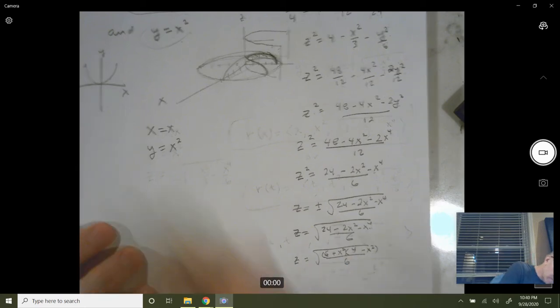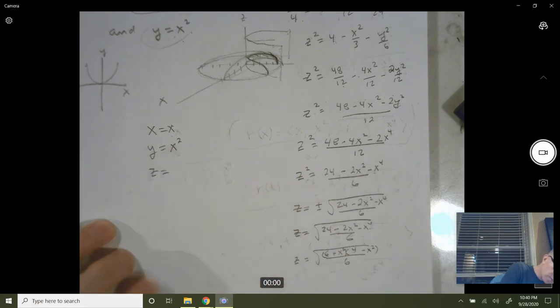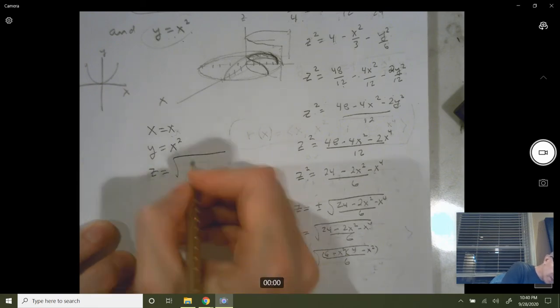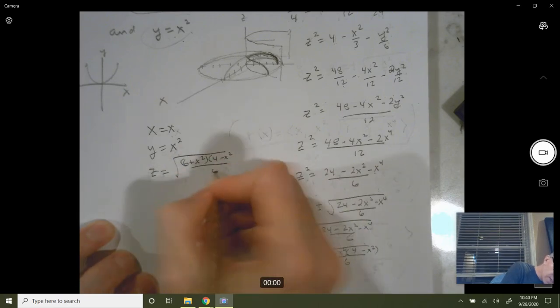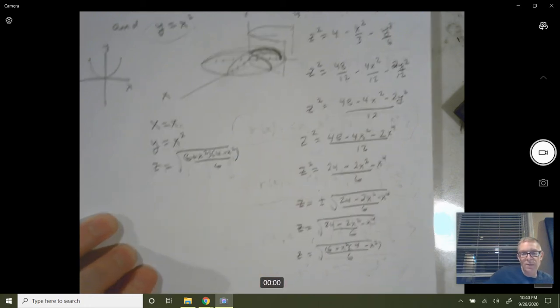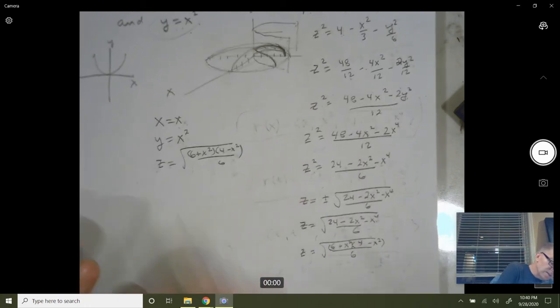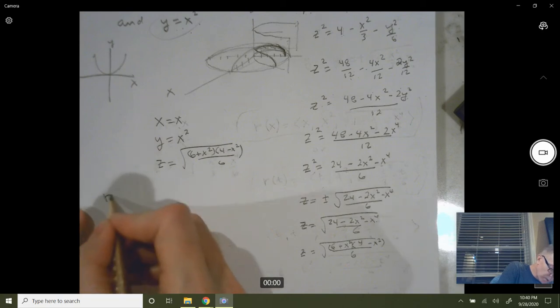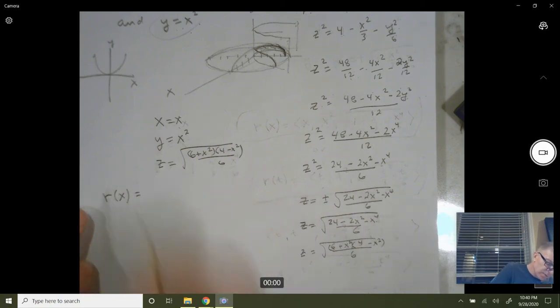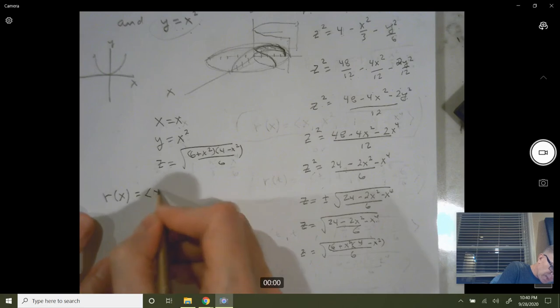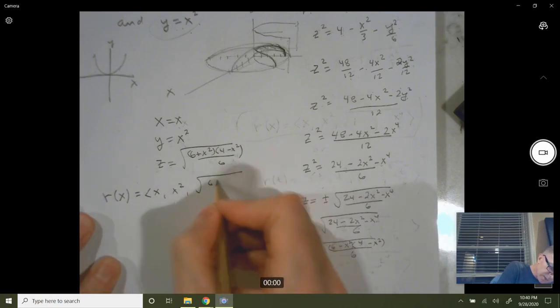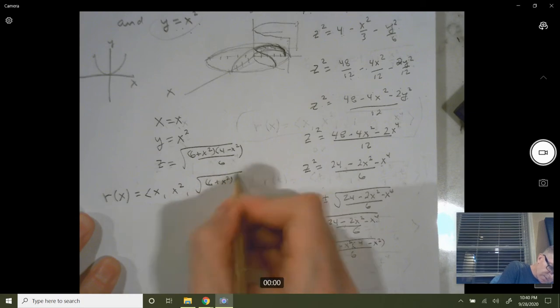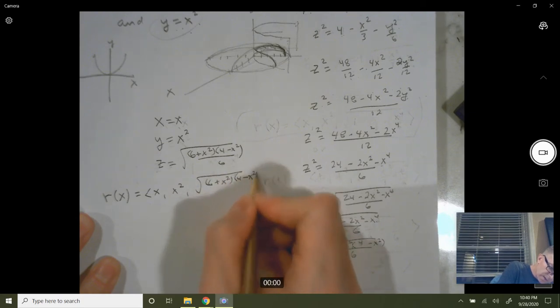So our z value is going to be the square root of 6 plus x squared times 4 minus x squared, all over 6. So these are our parametric equations, which you can turn into a vector equation: x, x squared, square root of (6 plus x squared)(4 minus x squared) over 6.